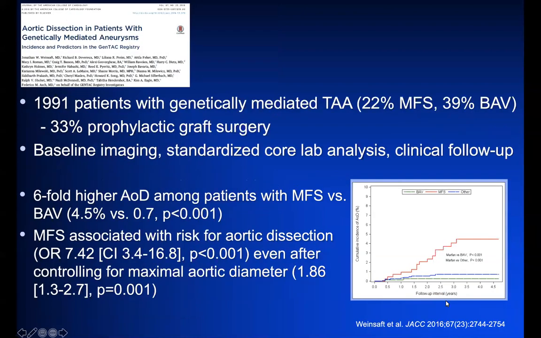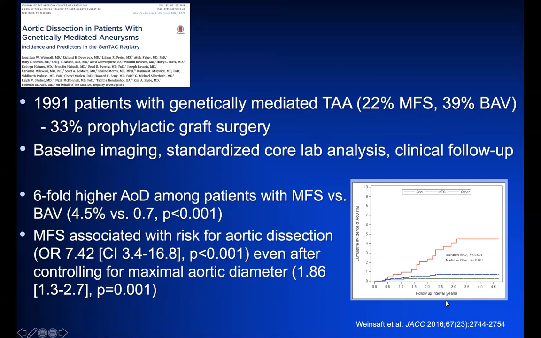With regard to prognostic assessment, we've also looked at this issue in terms of both the strengths and limits of linear measurements. In an initial study, we looked at nearly 2,000 patients from the GenTAC cohort. These are all patients with genetically mediated thoracic aortic aneurysms, a quarter of whom had Marfan syndrome, over a third of whom had bicuspid aortic valve.